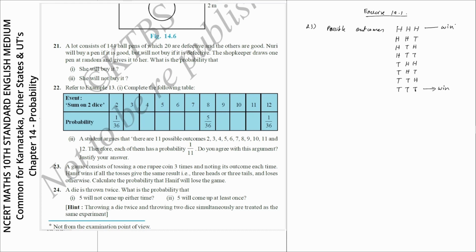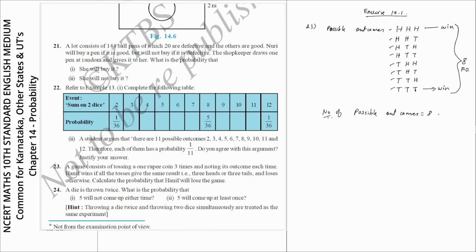So what are the total possibilities? 1, 2, 3, 4, 5, 6, 7, 8. There are 8 possible outcomes. Number of possible outcomes is equal to 8.